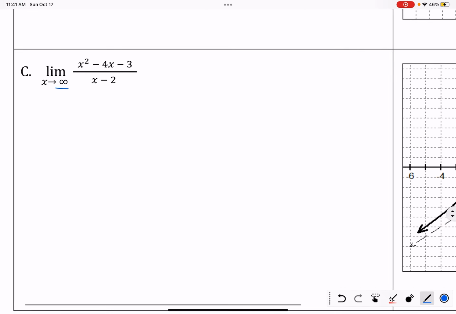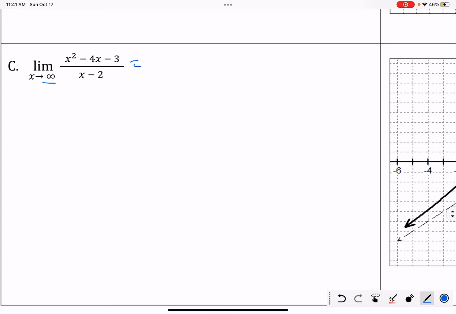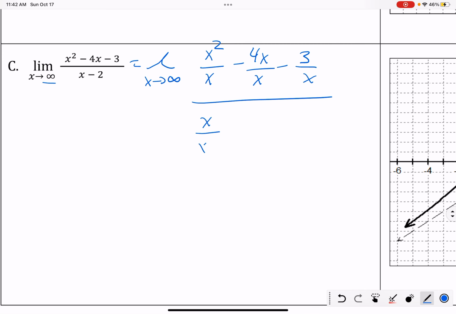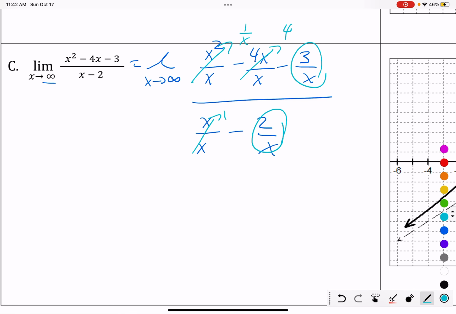So we divide everything by x, the highest in the denominator: x squared over x minus 4x over x minus 3 over x, over x over x minus 2 over x. This would go to 4, and eventually this goes to 0. This would go to 1, and eventually that'll go to 0 as well.